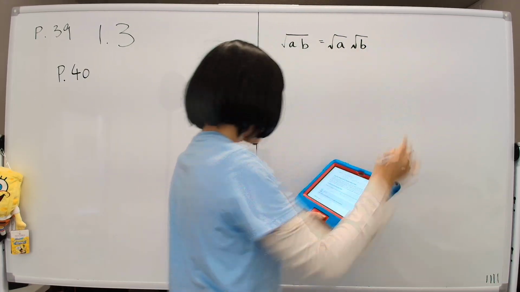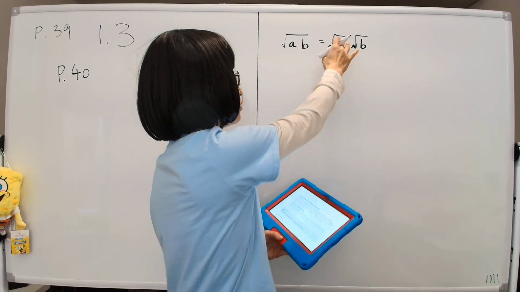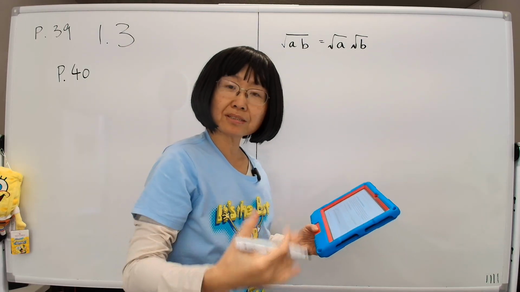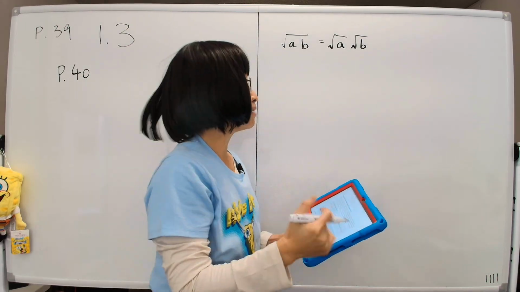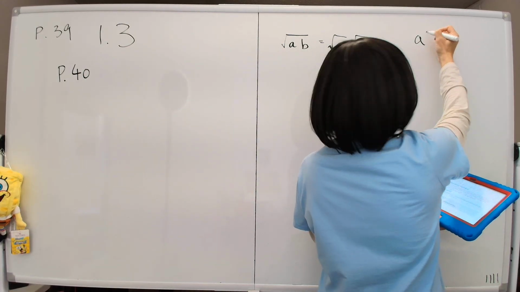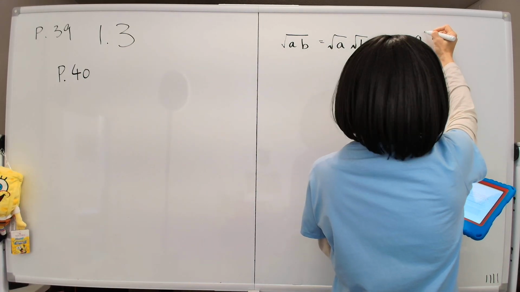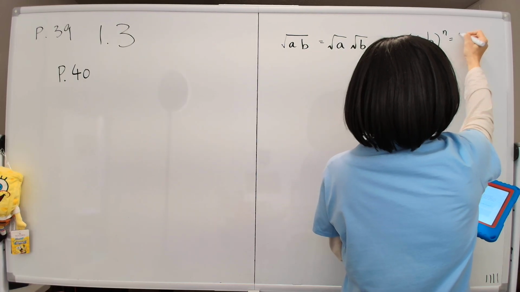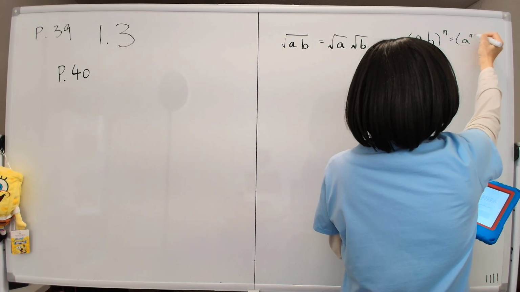Now, in algebra, we often don't write the multiplication sign. We just stick two things together, and whenever two things are together like that, that means they're being multiplied. Now, this is identical to the rule we learned in the last section, where ab to the power n is equal to a^n times b^n.